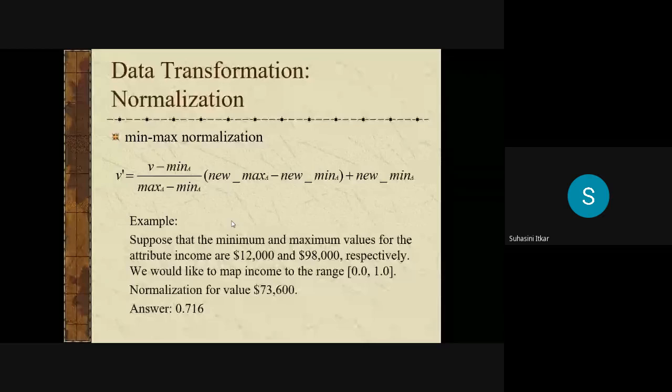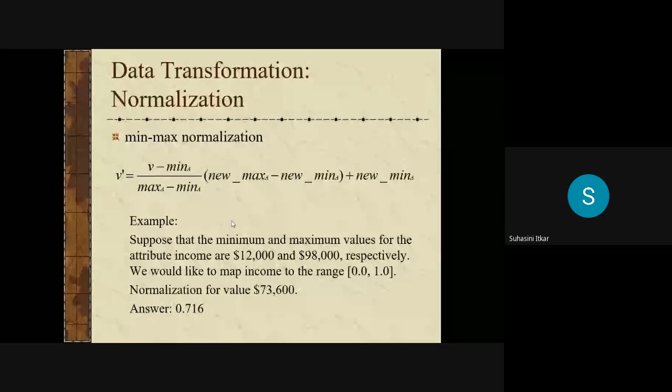So all the values are mapped in the range of new min 0 to new max 1. We are converting that whole data set.